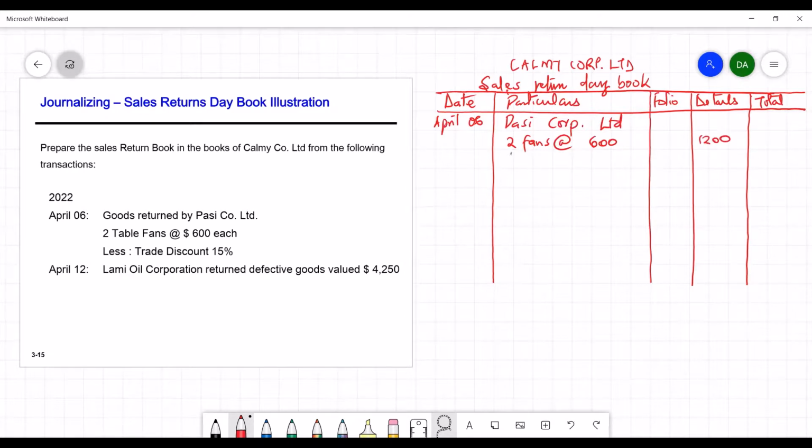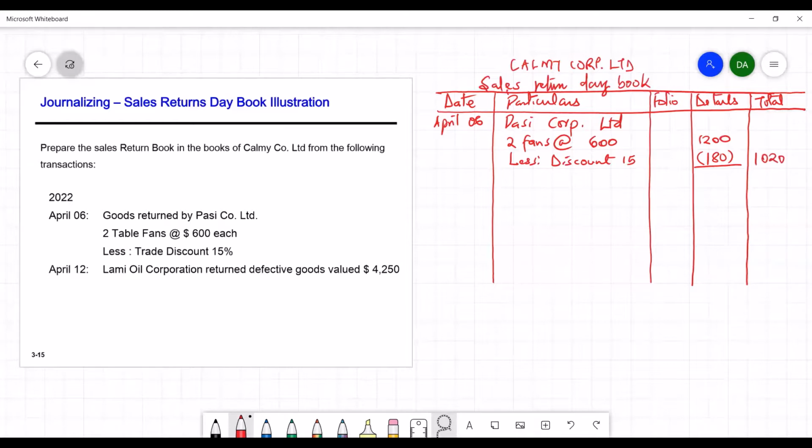Then less trade discount. The discount is 15%. So we need to determine 15% of 1,200, and that is equal to 180. So you need to subtract 180 from 1,200, and you get $1,020.